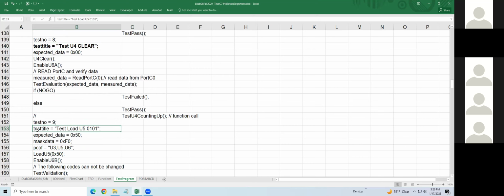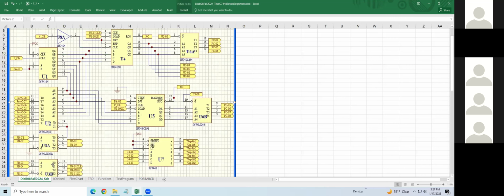Then test number 9 is the test for loading U5. You can see U5 here, 191. And now you can connect any wire regarding U5, whatever here. And that is also U6.